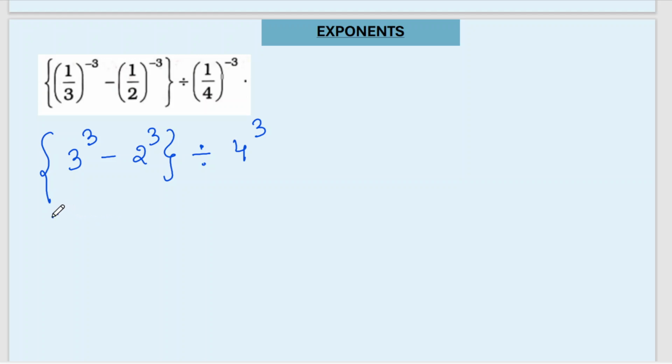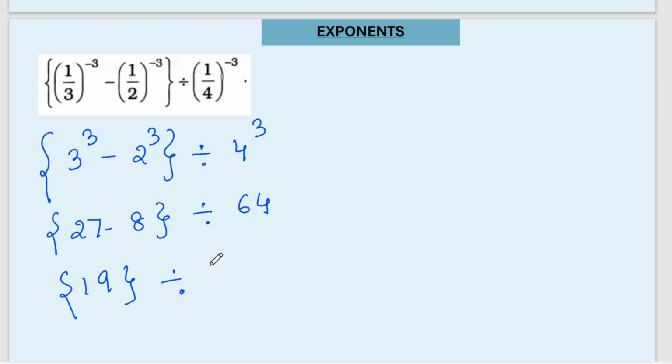Now you can solve this in bracket. 3 to the power 3 is 27 minus 2 to the power 3 is 8, divided by 4 to the power 3, which is 64. So 27 minus 8 is 19, divided by 64. So you have the final answer as 19 divided by 64.